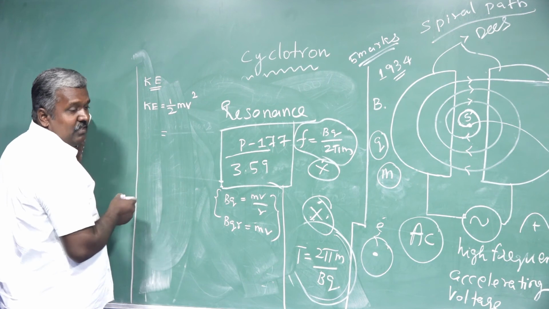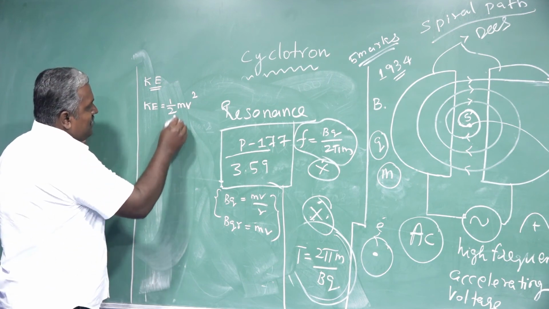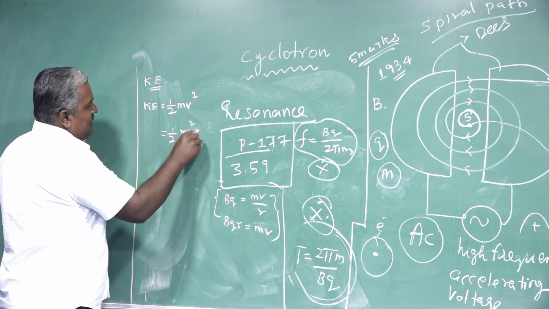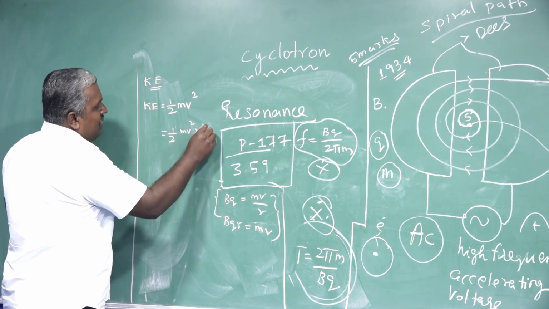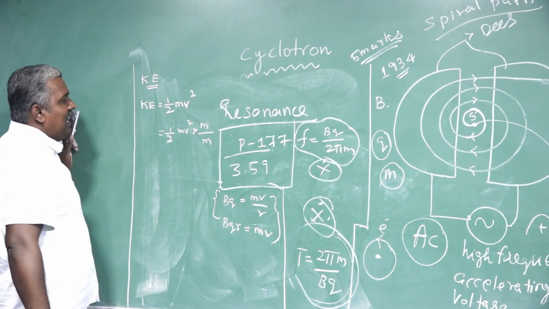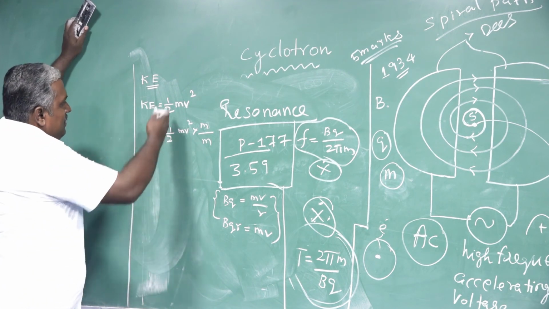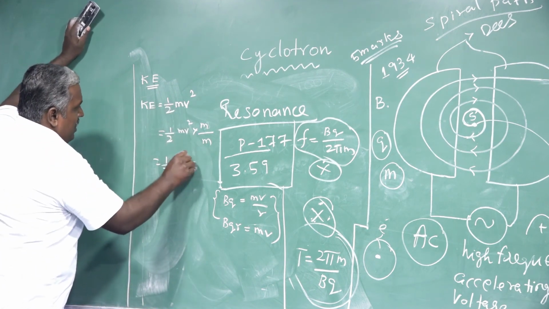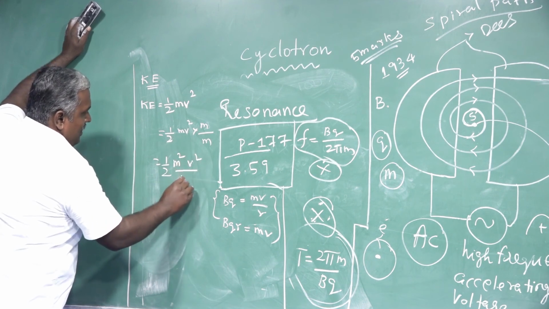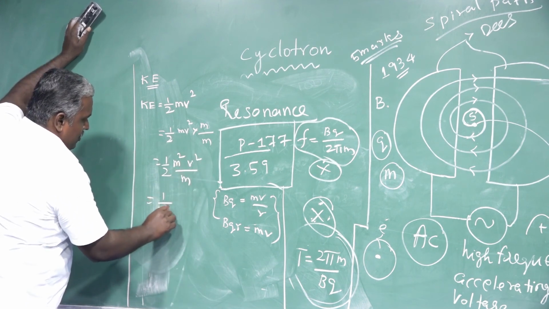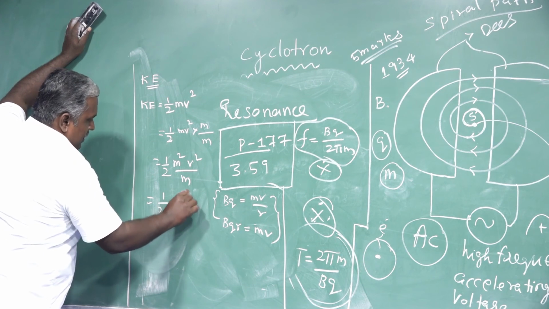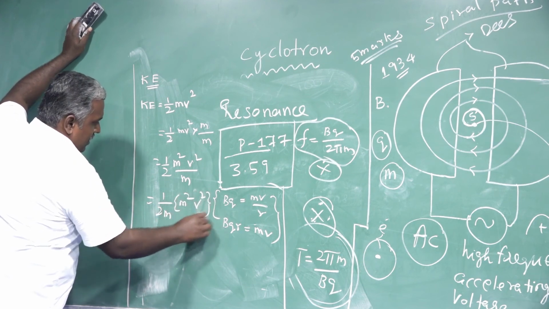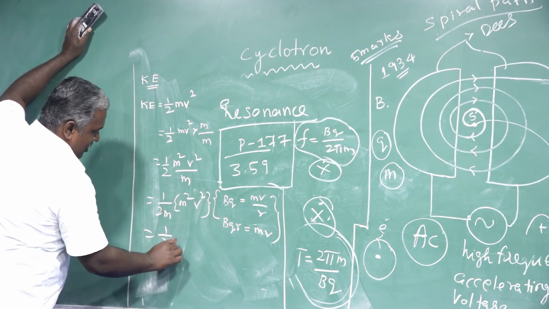Come on, try yourself. Yes, we can change this. I mean, multiplied by m and divided by m. Okay, so 1 by 2, m into m square, v square by m. Okay, so 1 by 2m, m square, sorry, into v square. Okay, 1 by 2m.